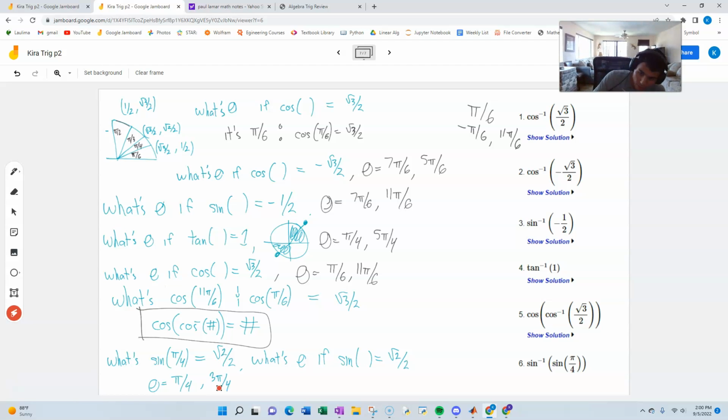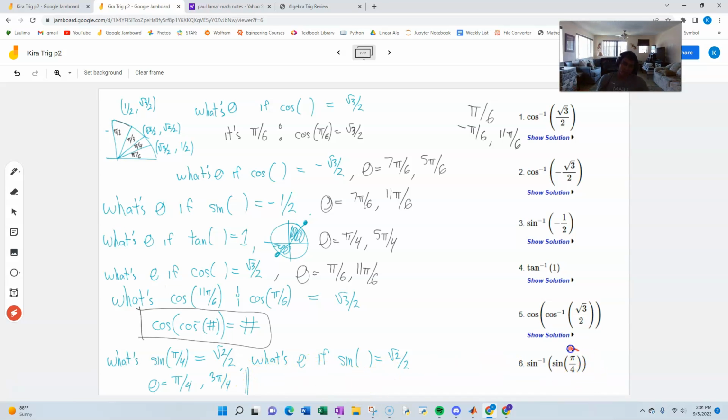Okay, so let's see if there's a trick or a pattern. In this case, we had one input and we got two answers out. And this makes sense, because the theta does actually equal that.